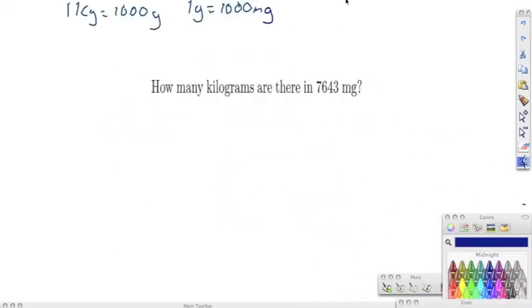Okay, guys, let's go ahead and start working this one out. This one says, how many kilograms are there in 7,643 milligrams? Main thing here, we have to go from milligrams into kilograms, and we need a statement of equality. We know that 1 kilogram equals 1,000 grams, and 1 gram equals 1,000 milligrams.